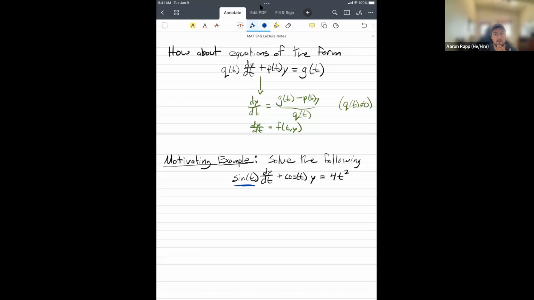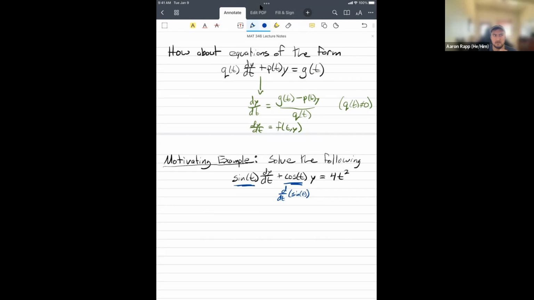Sine of t. What's its derivative with respect to t? The derivative of sine is what? Yeah, cosine.